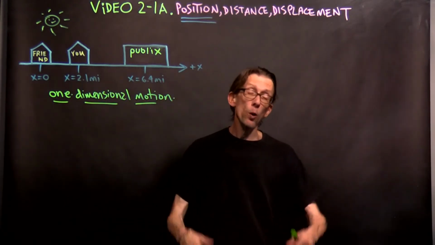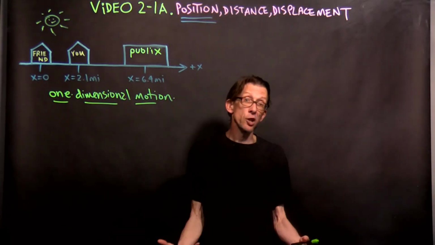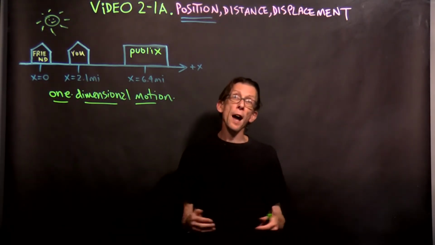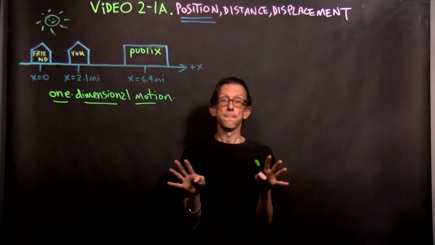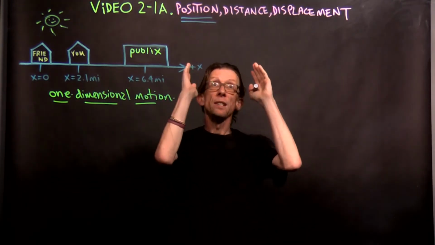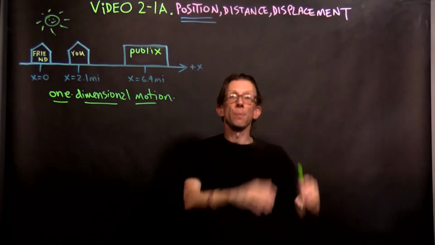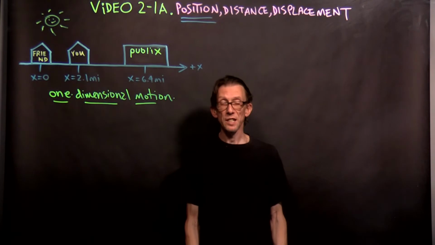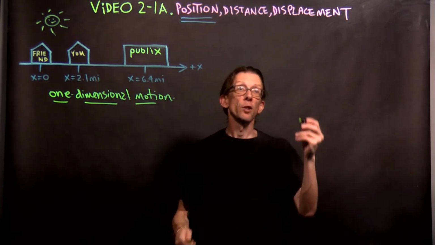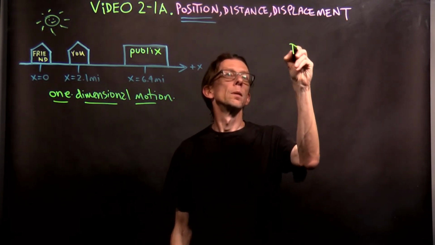What I want to do before we move on to the next section is define for you, at least throw out there so you can see it, what the difference between distance and displacement is. Distance and displacement. So let's define distance here.